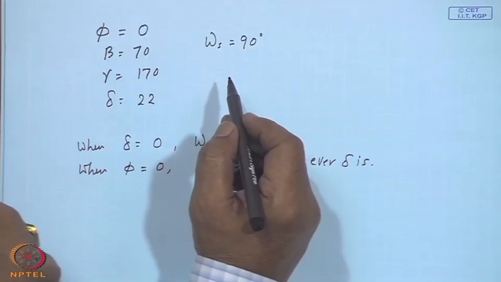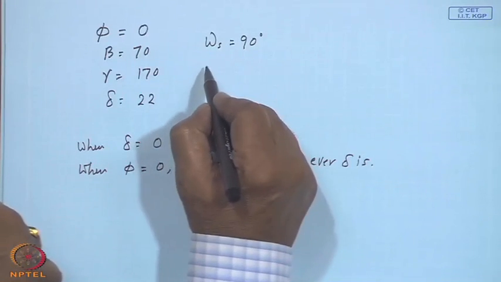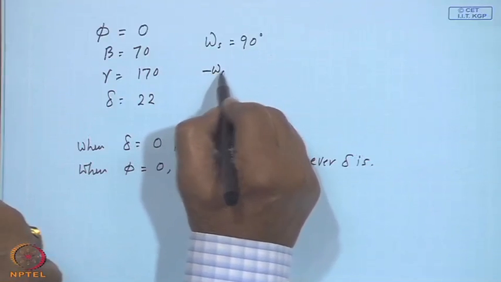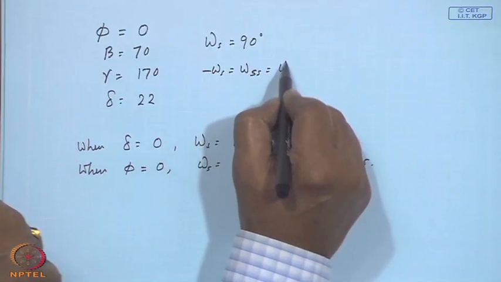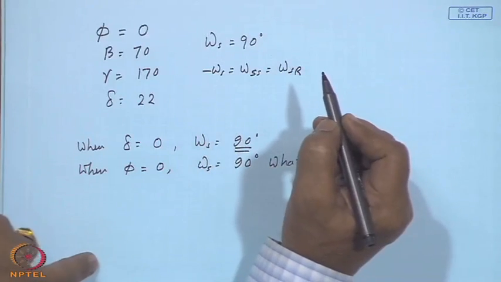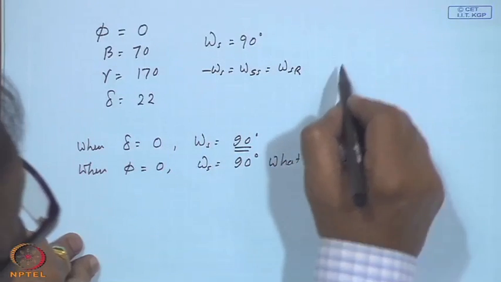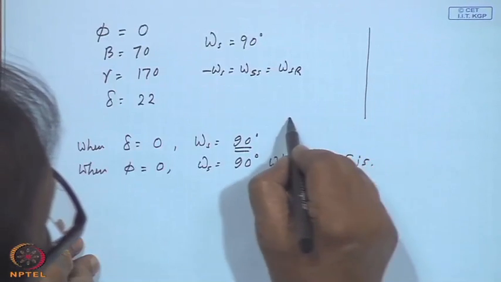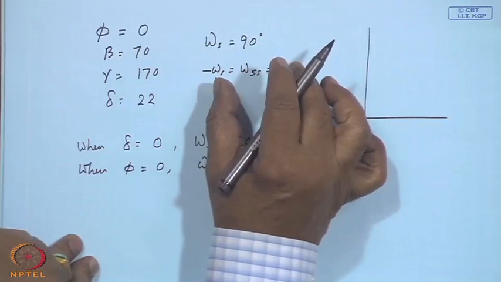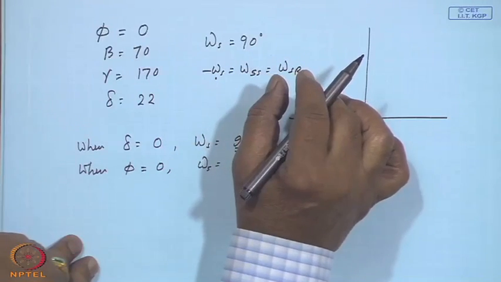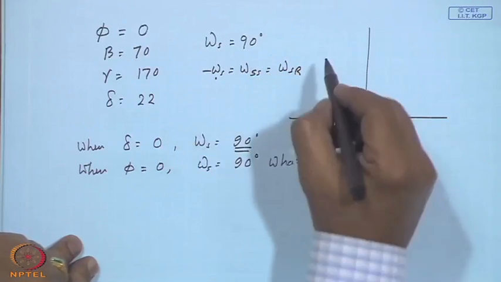So, this will have minus omega s equal to omega SS equal to omega SR, right. You can just calculate this; it turns out to be equal to minus omega s, by limiting omega SS and omega SR to the physical sunrise and sunset hour angles.